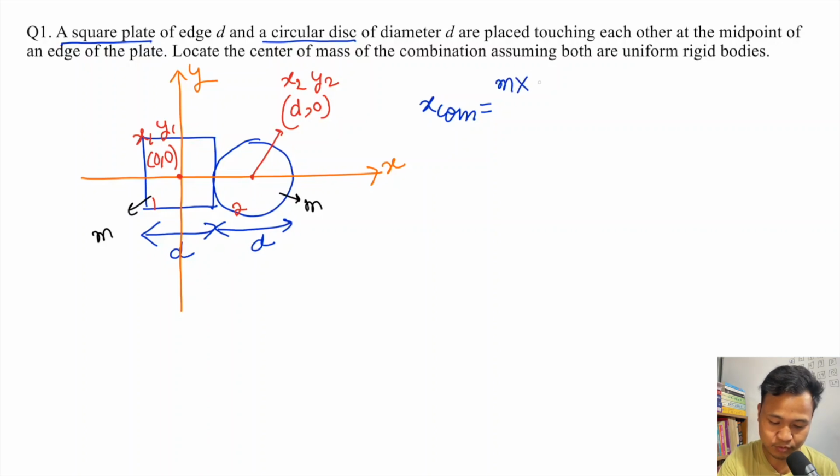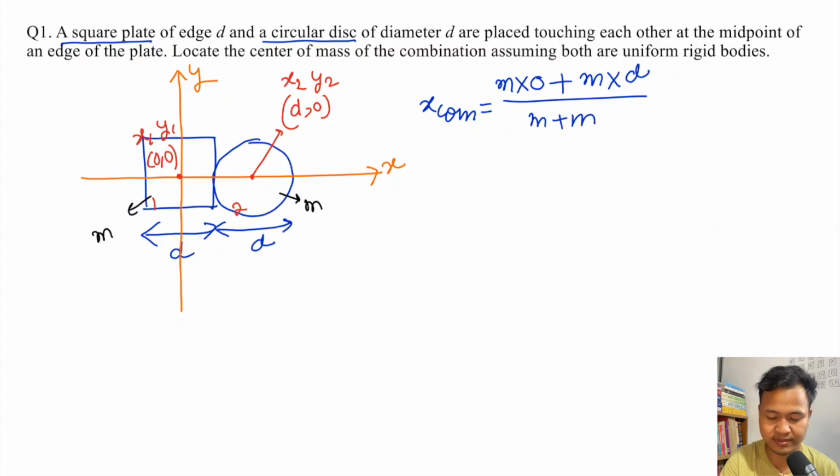So m into 0 plus m into d, divided by m plus m. The x coordinate of the square's center of mass is 0, and the x component of the center of mass of the circle is d. So m into d divided by 2m, so m gets cancelled out. D by 2.